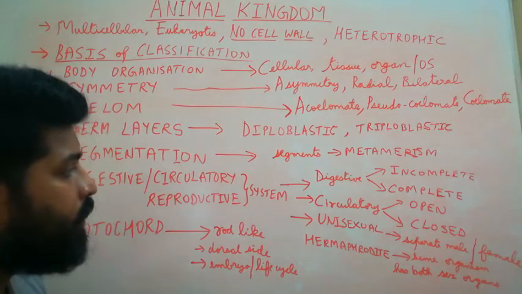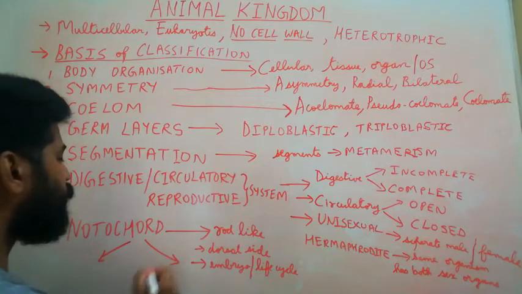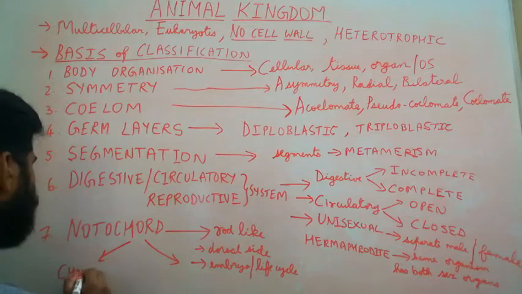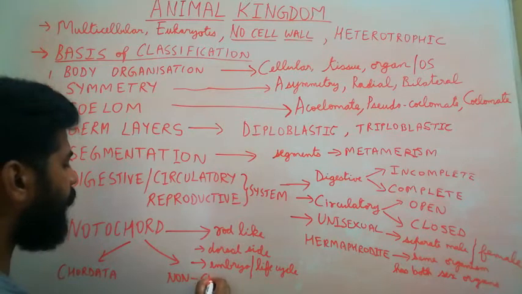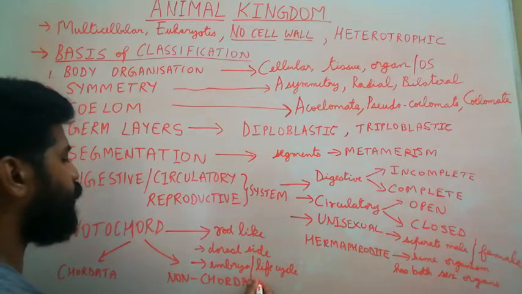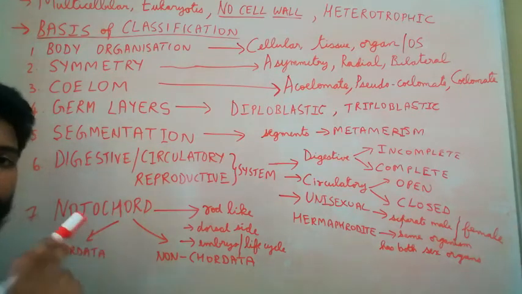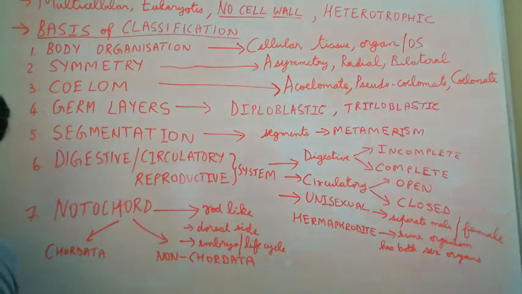Based on the presence or absence of notochord, the entire animal kingdom is classified into chordata and non-chordata. That is, animals that exhibit a dorsal notochord are called chordata because they have a notochord. Animals that do not have a notochord are placed under non-chordata.